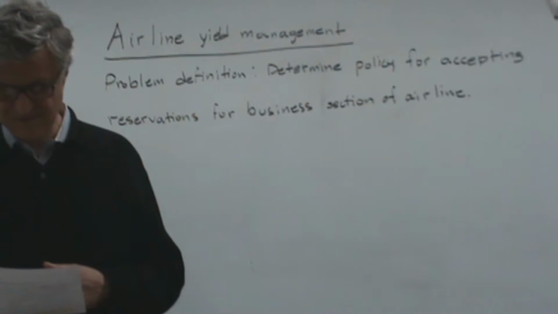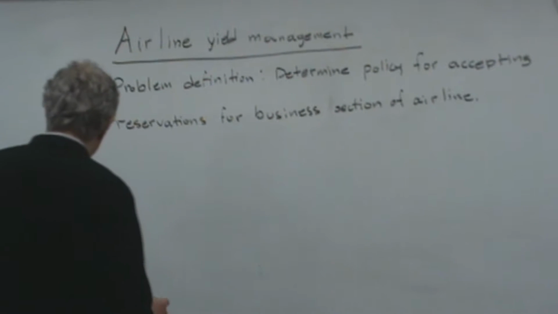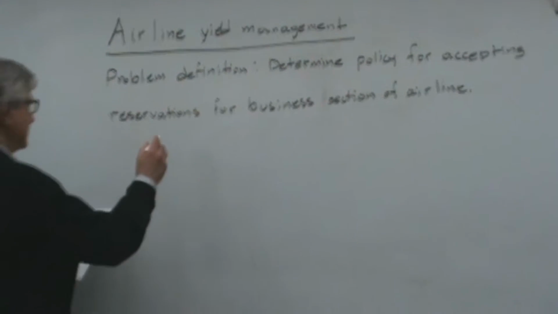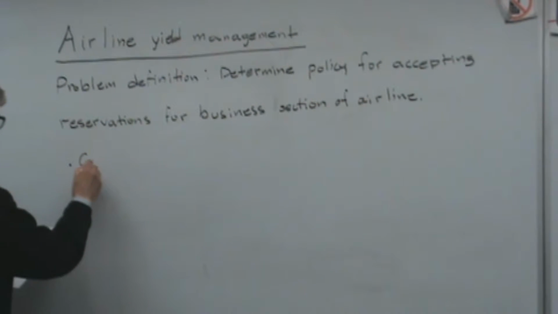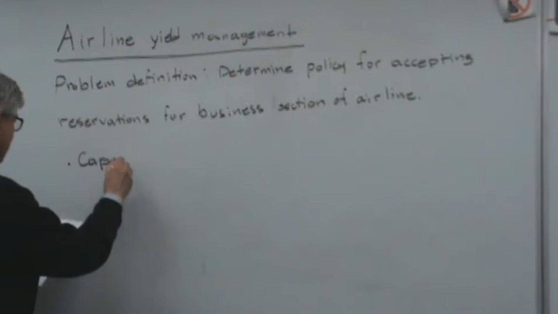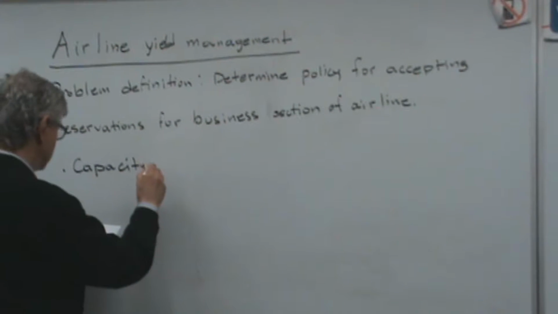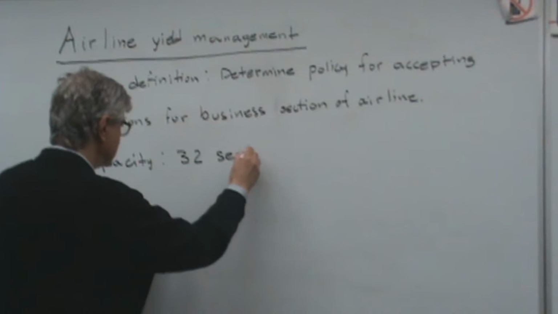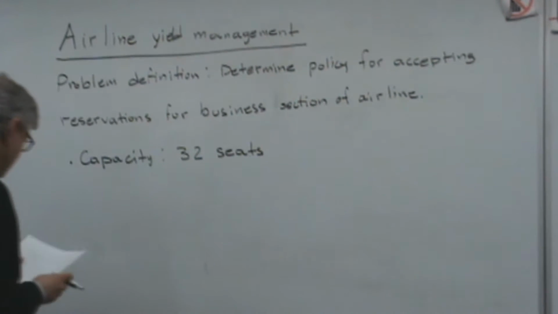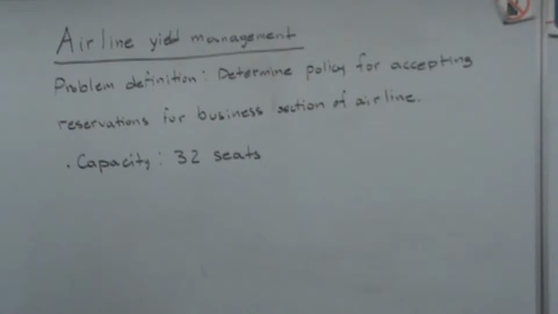eventuality. Okay, so what we know in the problem is that the capacity is fixed. So the capacity, let's say, is 32 seats. The demand is not deterministic, it's random.